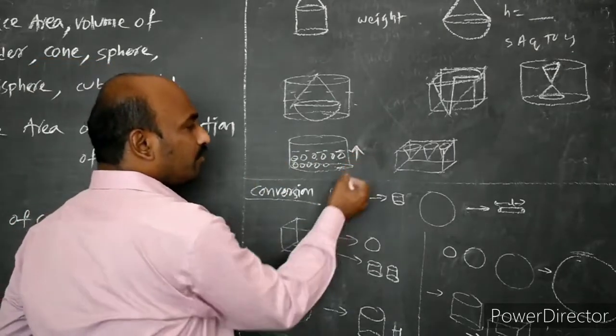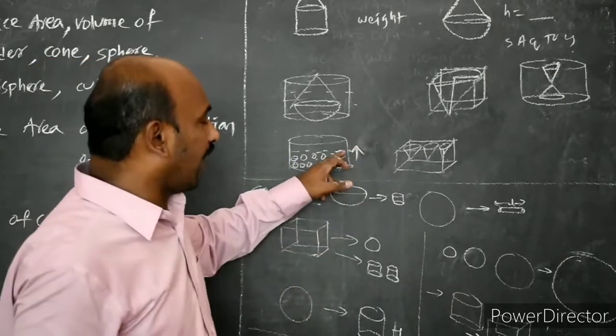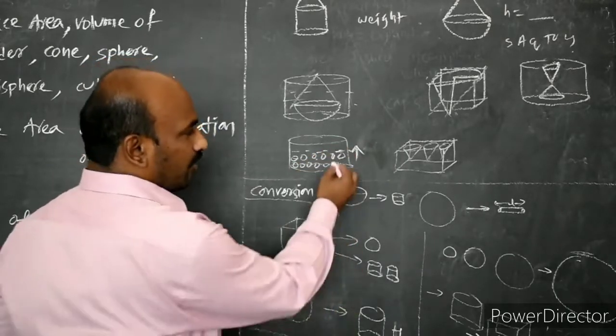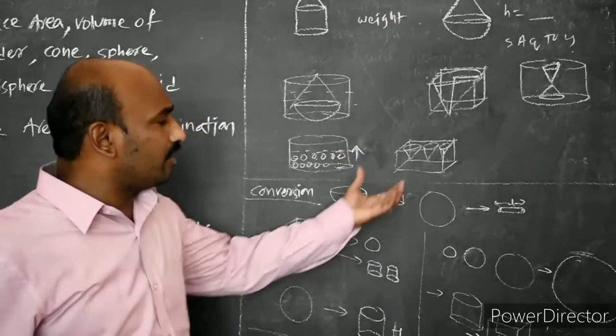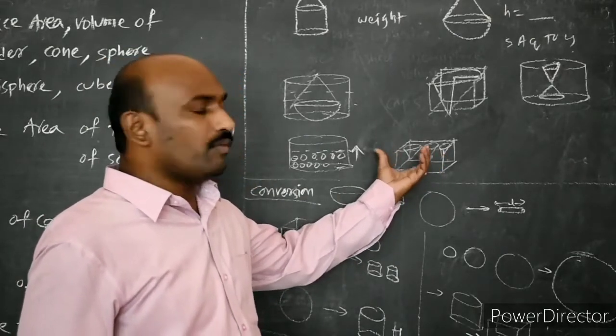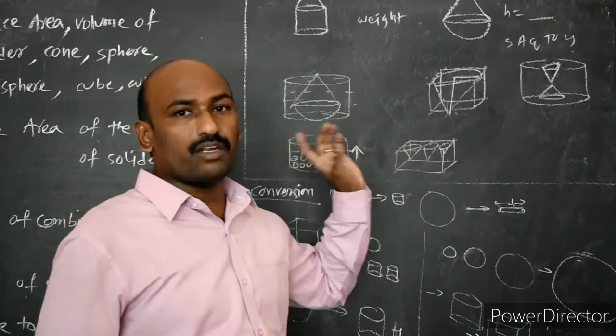But we need to assume height should be how much water level rise here, and if you go with here, what is the volume left in the wood means volume of the cuboid minus 3 times of the volume of the cone.